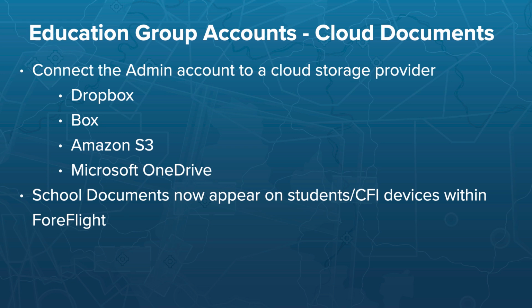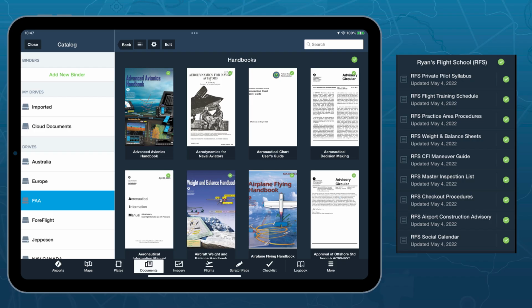What types of documents do schools typically upload? You know, the sky's the limit. A lot of times schools are pushing their curriculum right through ForeFlight. It's amazing that they've got maneuver guides, weight and balance sheets that are often walk-away from the aircraft, standard operating procedures. All of those things can be digitized by a school and then pushed out to those students.